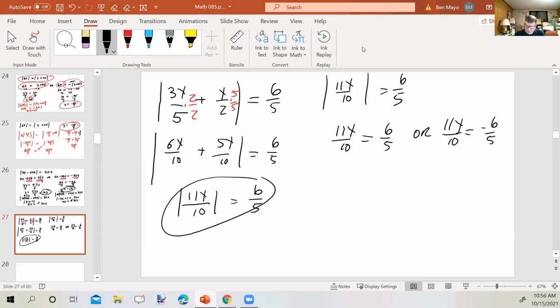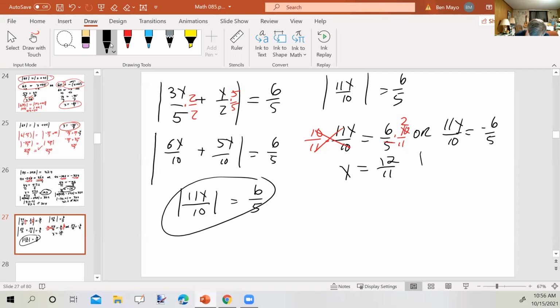Okay, now, how do you get rid of a coefficient that's a fraction? You multiply by its reciprocal. So we're going to multiply both sides by 10/11. The 11s reduce to 1s, the 10s reduce to 1s, and we have x equals, and then over here, 10 over 5 is 2. We've got x equals 12/11.